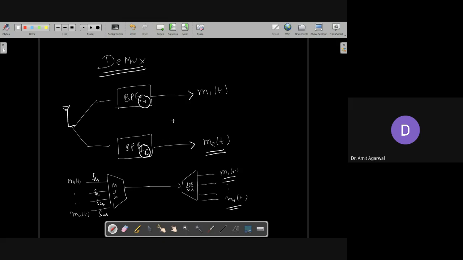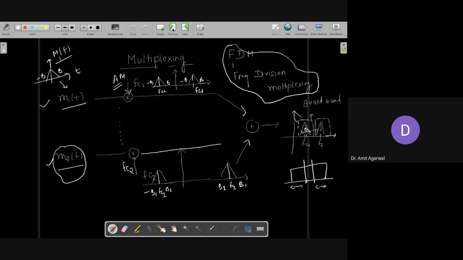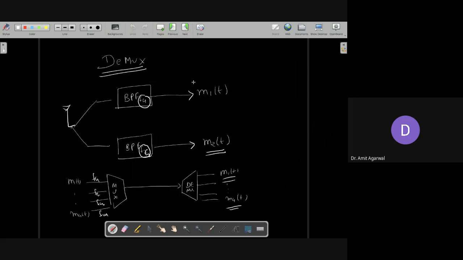Okay? Of course, this will not be exactly M1(t), but the modulated signal. So this is not M1(t) actually.